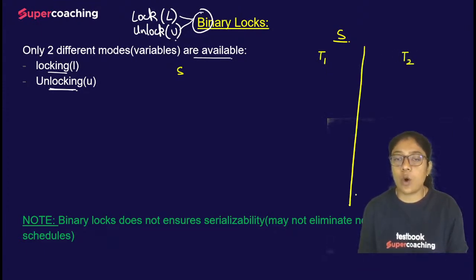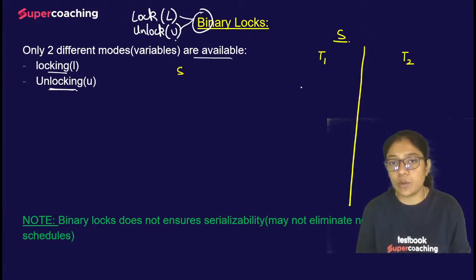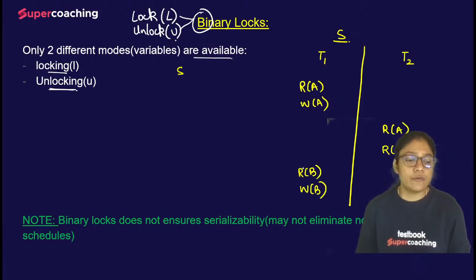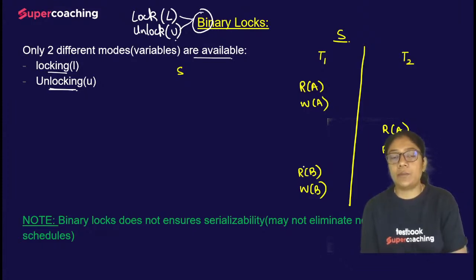T1 performs a read operation on data item A and a write operation on A. T2 wants to perform a read operation on A, then a read operation on data item B. Then T1 wants to perform a read operation on B and a write operation on data item B. This is a schedule with a few operations on data items A and B.